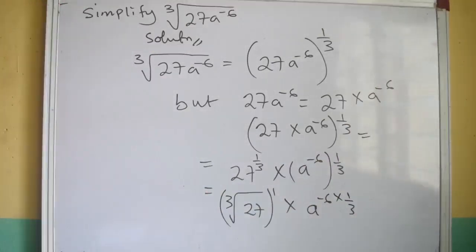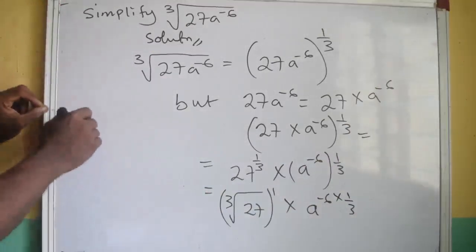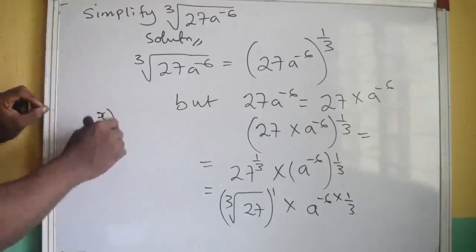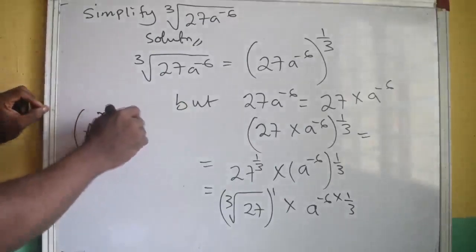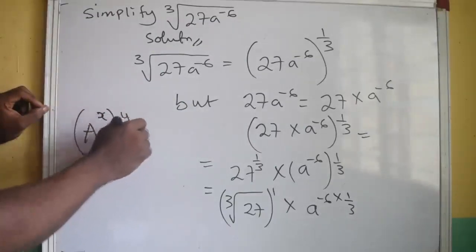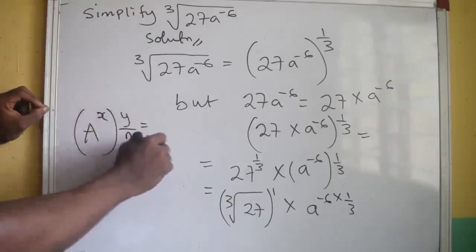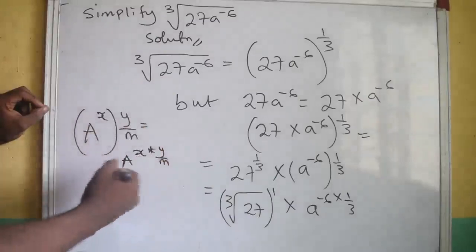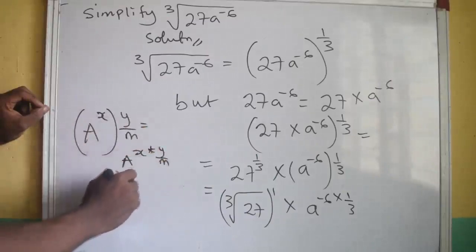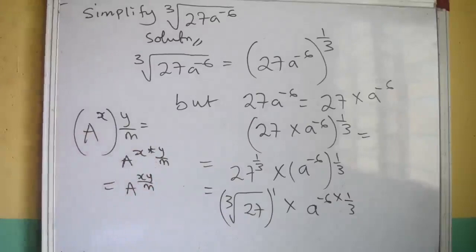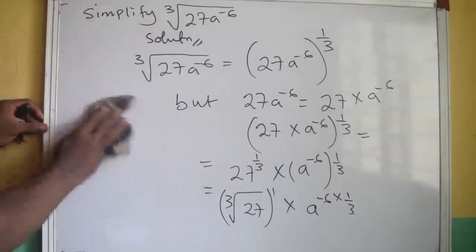So do not forget the law of indices that I made you understand, that a raised to power x, all raised to power y over m, is the same thing as saying a raised to power x multiplied by y over m, which is still the same thing as saying a raised to power xy all over m. See the same thing? So just your ability to understand the laws guides you on indices.